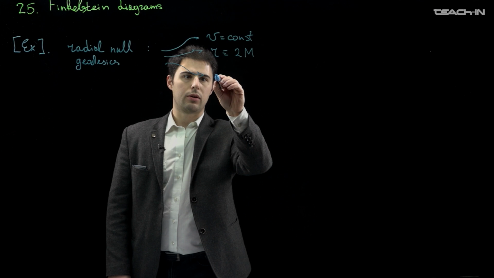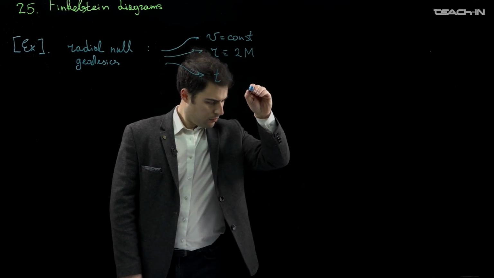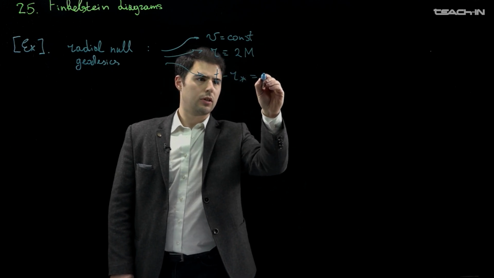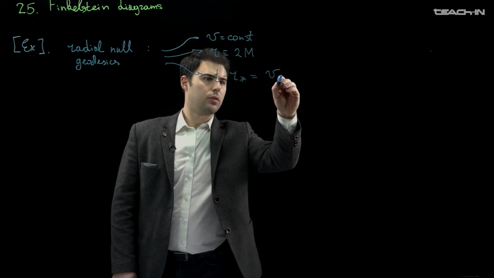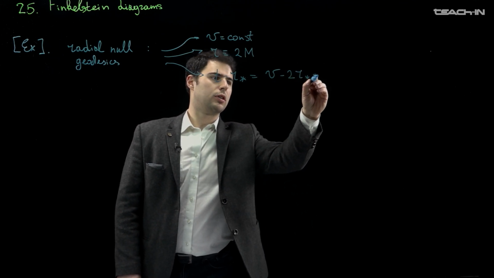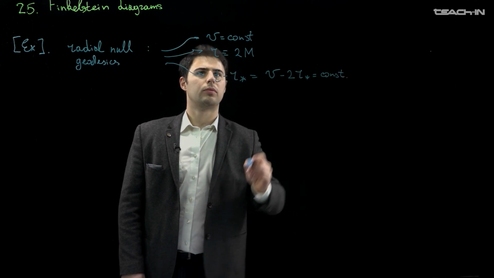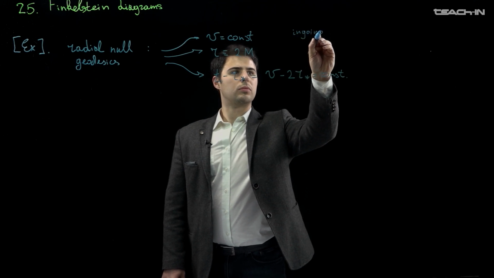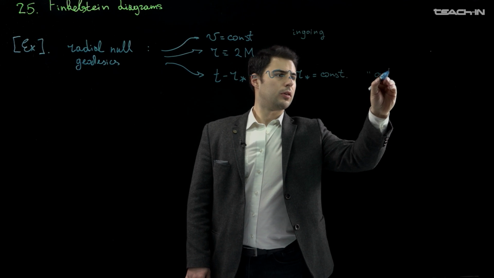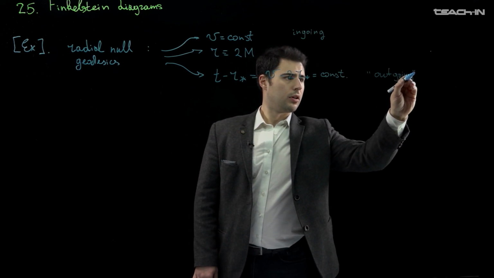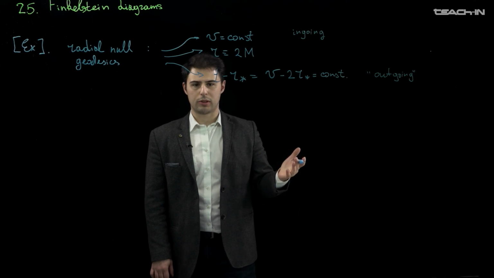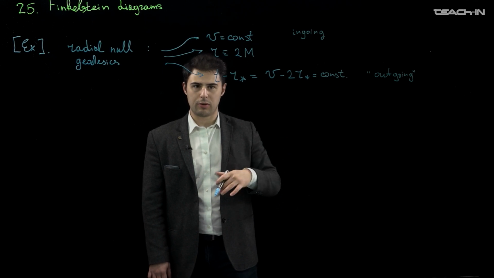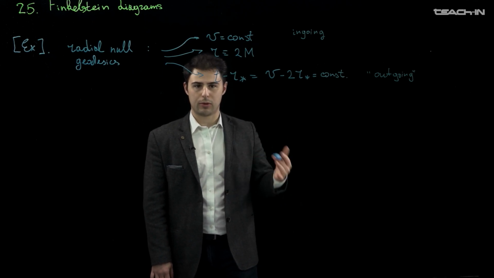So we have t minus r star, which equals v minus 2r star equals constant. I'll put outgoing in commas because, as we will see, if they start from the interior region, they're still not leaving the black hole.